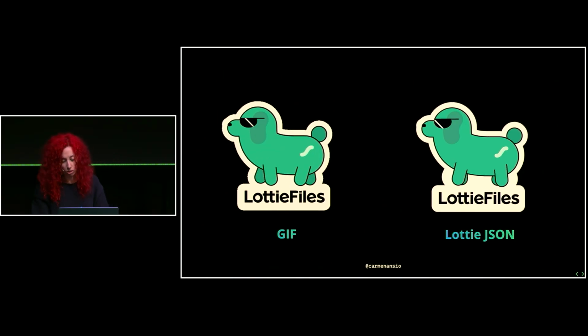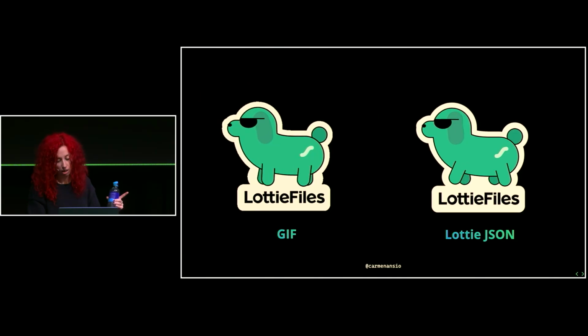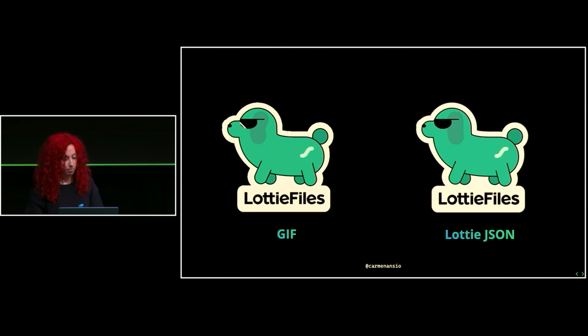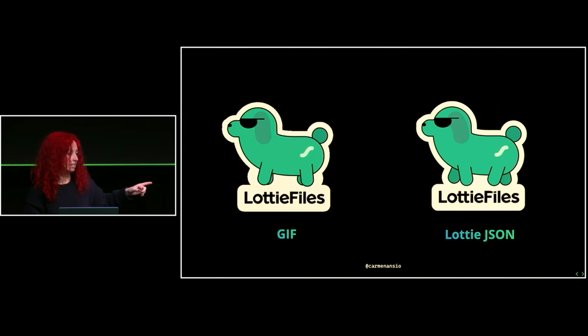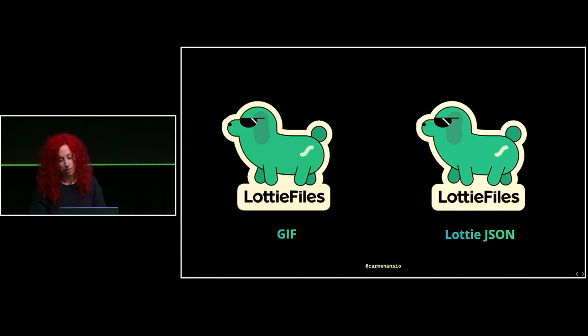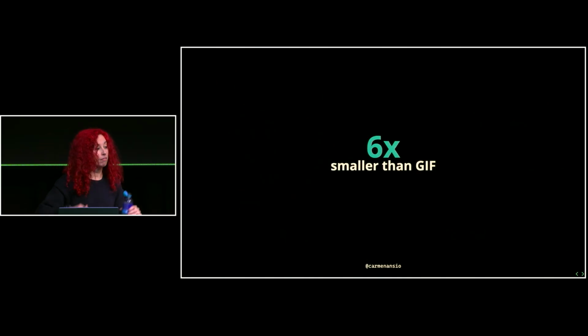And if we want to talk about why it's a game changer compared to traditional formats like GIF, the GIF one is 1.5 megabytes, and the JSON is 56 kilobytes. It's like 6 times smaller than a GIF. If you think about all of the animations inside a web page, it's a lot of size. That means less bandwidth and faster loading times and smoother experiences.